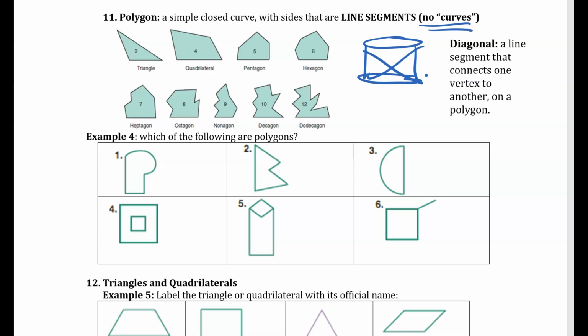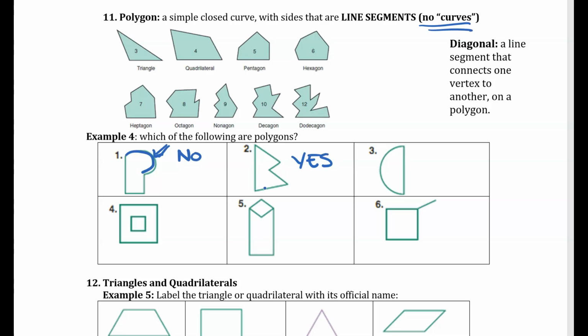Okay, so let's go through this example 4, and actually this would be a great place. Pause the video, try it on your own, try to determine which of the following figures are polygons. So the first one, I'm going to say no, because there's a curve there. The second one, yes.